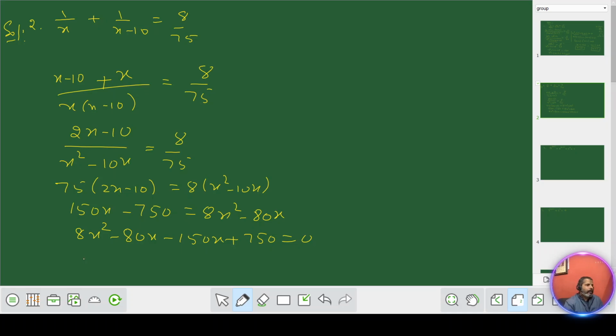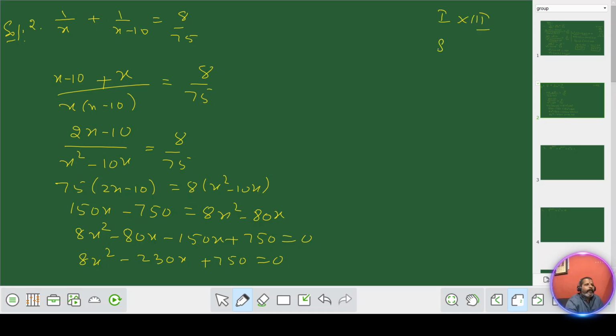Okay. Then 8x square, 80x and 150x upon addition we get, sorry, minus 230x plus 750 equal to 0. Since the numbers are very big, there is nothing common, because 23 is a prime number. So we have to multiply first into third, a big number actually.